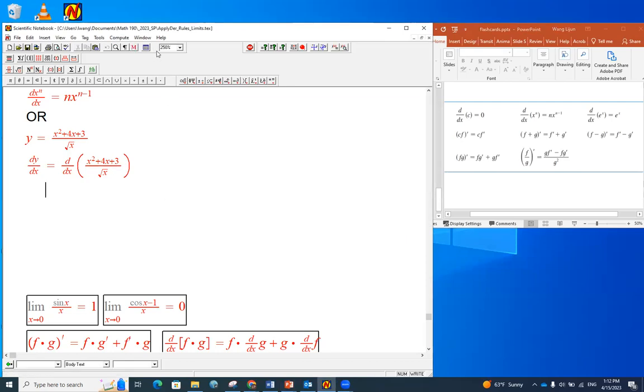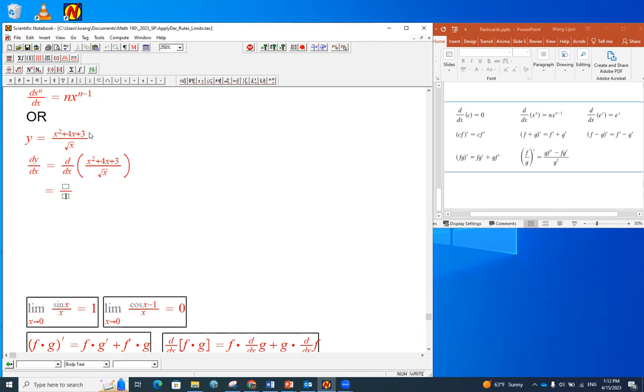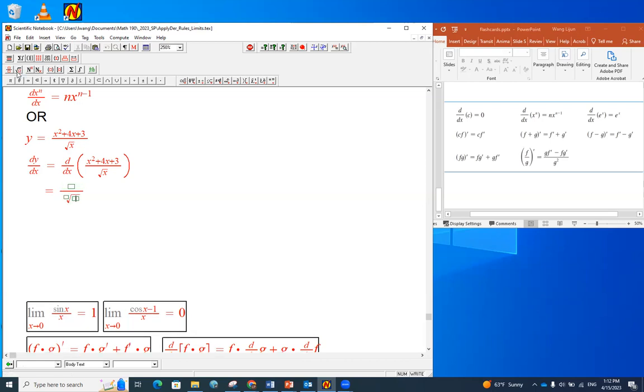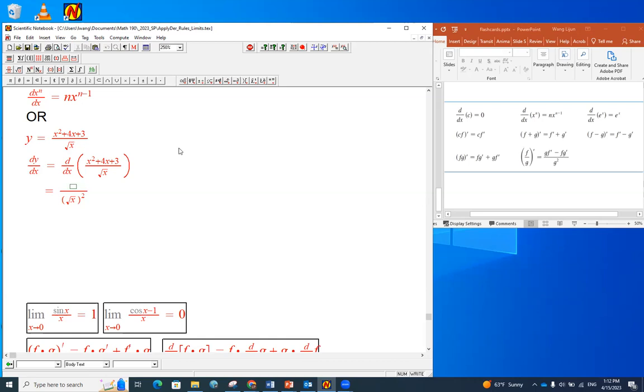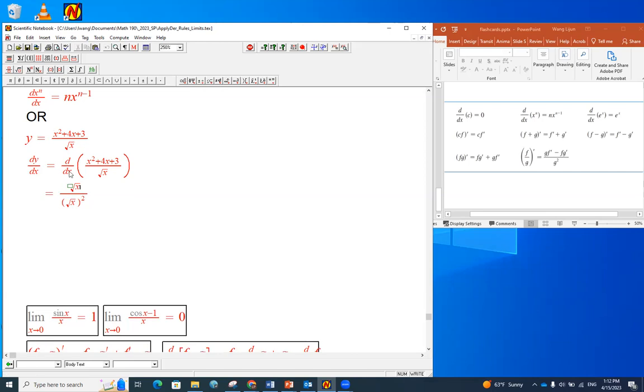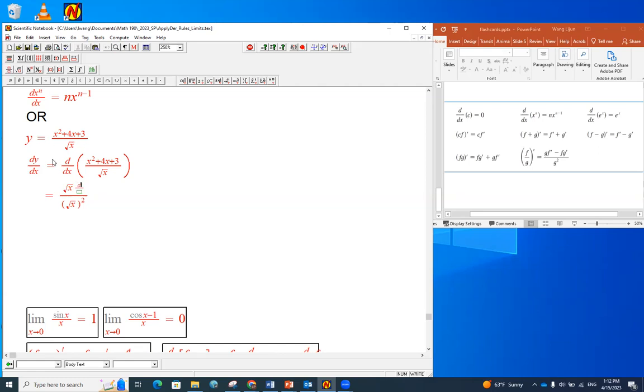So what do we get here? The denominator g will be squared. And for the numerator, we are going to differentiate the f, and the g is left alone. So g, which is the square root of x, we're going to leave it, and then we're going to differentiate the numerator.